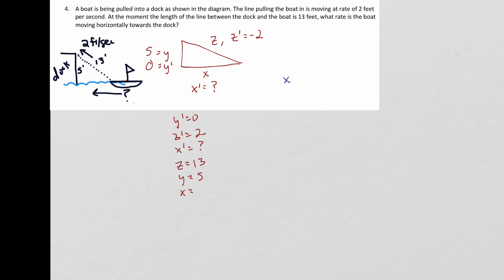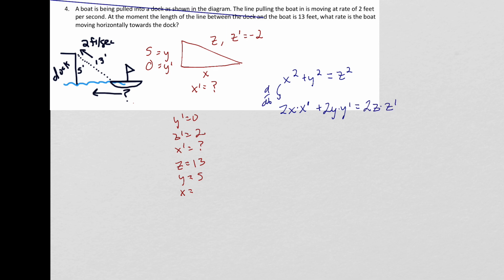We are going to use Pythag, so we're going to write x squared plus y squared equals z squared. I'm going to take d over dt of both sides. So I do power rule on x squared, that gives me 2x, and I'm going to multiply by dx over dt, which I'm just going to write in prime notation, plus 2y times dy over dt, or just y prime, and that's equal to 2z times z prime.